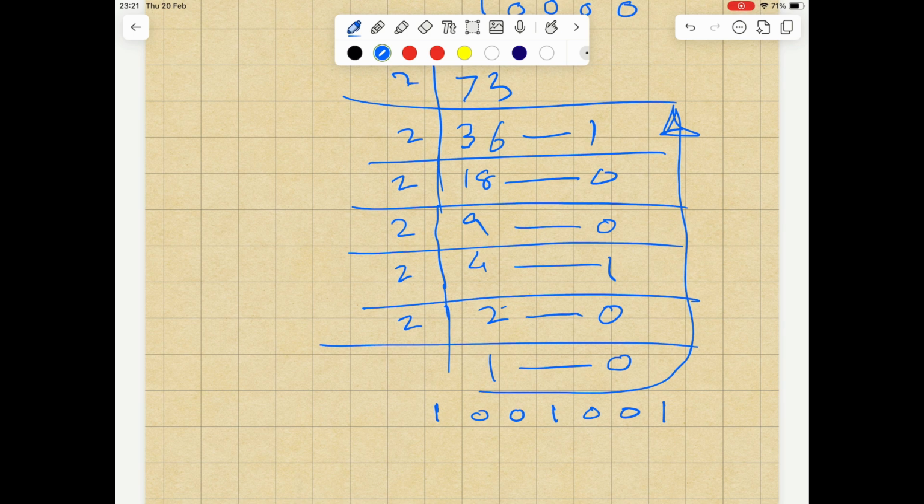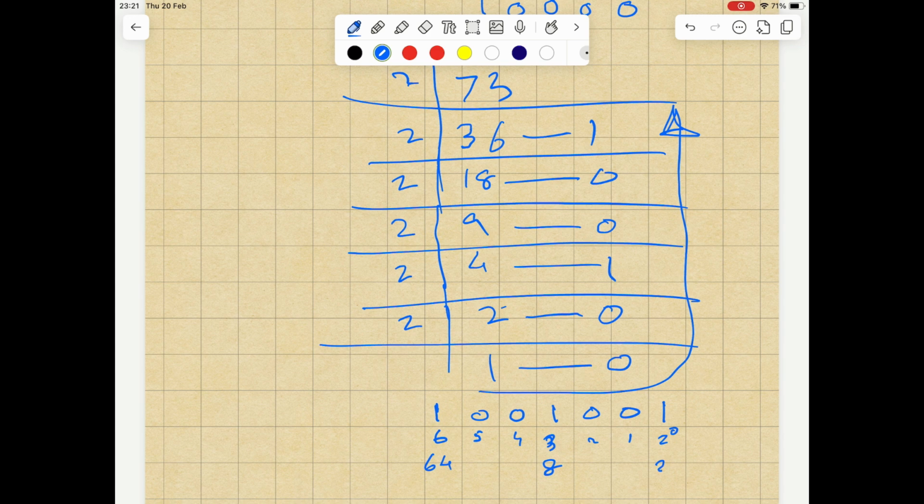So this will be 2 to the power 0, 1 2 3 4 5 and 6. 0 1 2 3 4 5 6. So that'll be 6. 2 to the power 6, 64. And this is 2 to the power 3, which is 8.